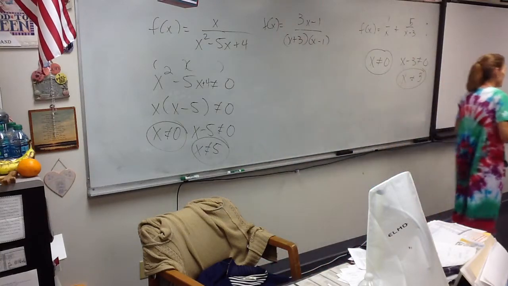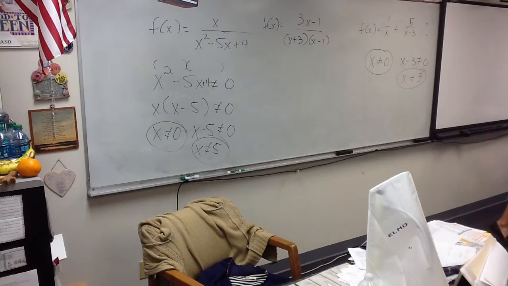When I talk about domain, there are 2 things I have to worry about. What do I have to worry about? The denominator: I have to worry about fractions because the denominator can't be 0, and I have to worry about radicals because what's under has to be positive. Now, there are no radicals, don't worry about it, but it does have a fraction.